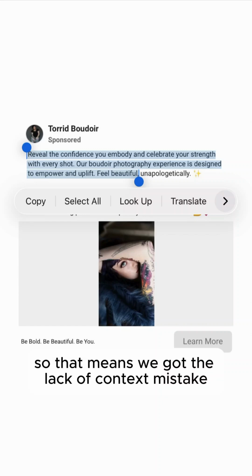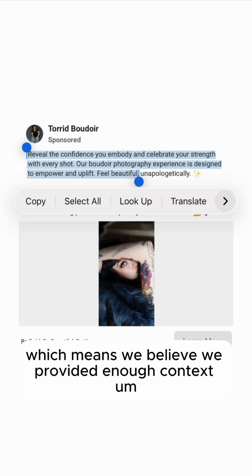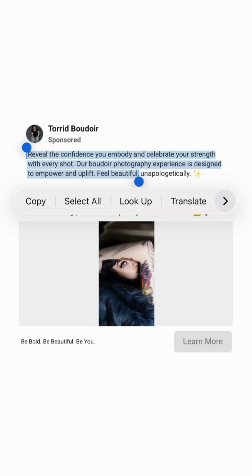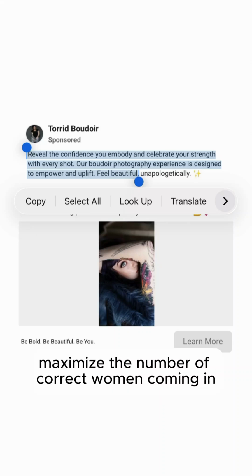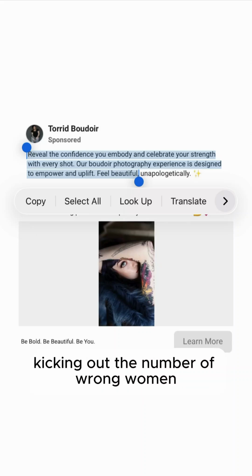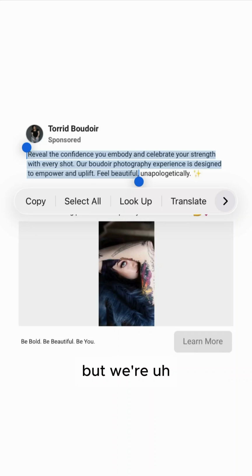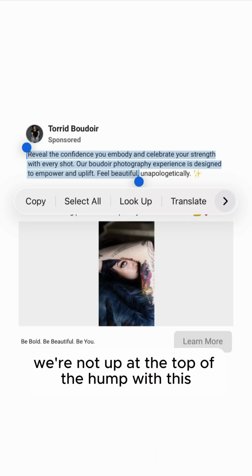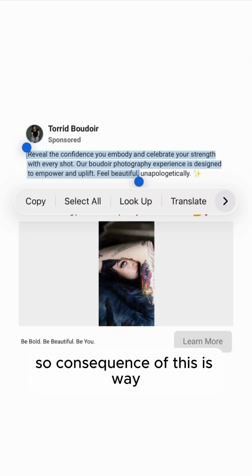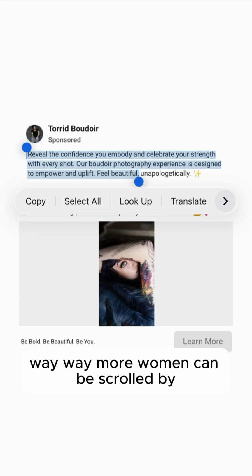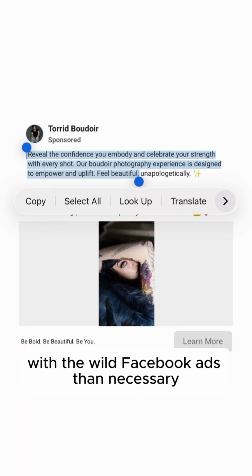So that means we got the lack of context mistake, which means we believe we provide enough context to maximize the number of correct women coming in, kicking out the number of wrong women. But we're not up at the top of the hump with this. The consequence is way more women are going to be scrolling by with Boudoir Facebook ads than necessary.